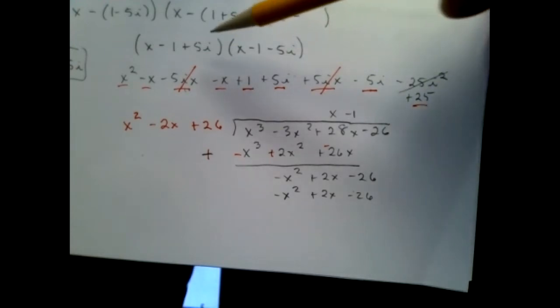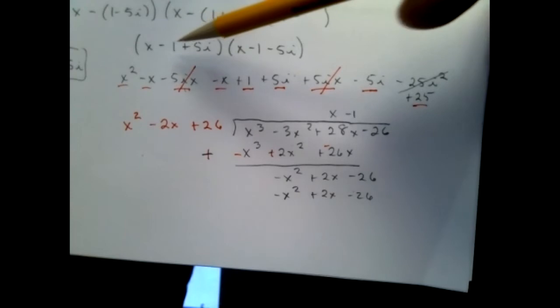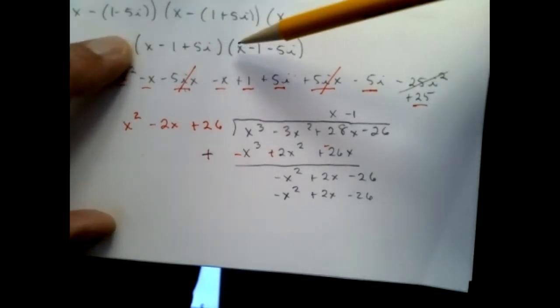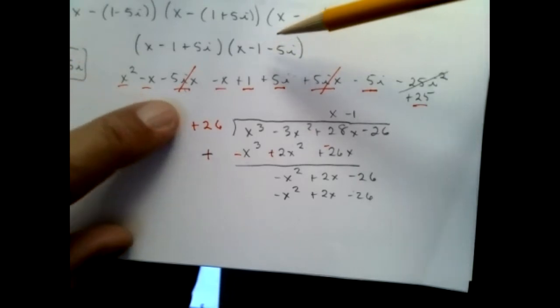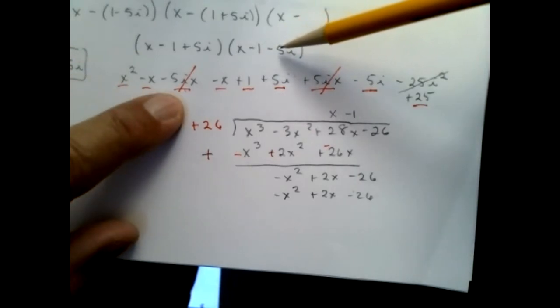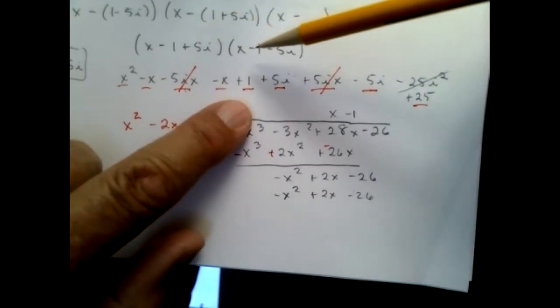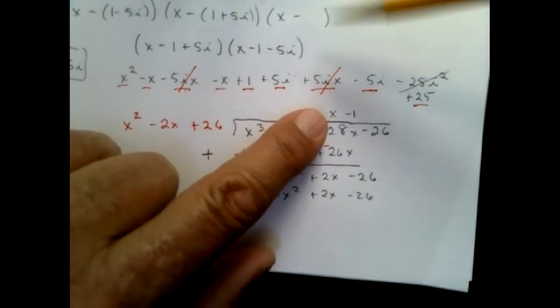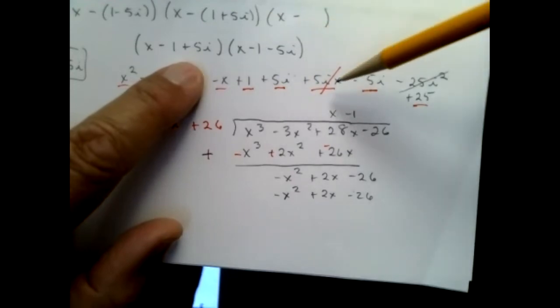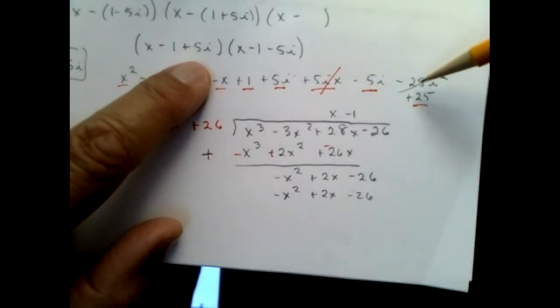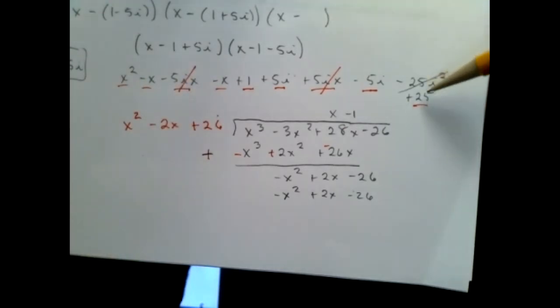Hopefully I did all this right. X, negative x squared, negative x, negative 5xi. Good. Negative x plus 1 plus 5i plus 5ix minus 5i minus 25i squared, which becomes plus, gives me a plus.